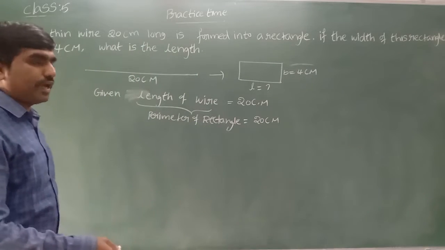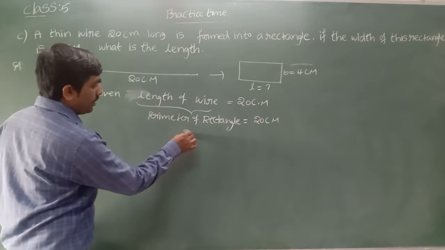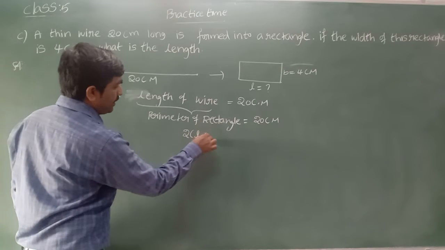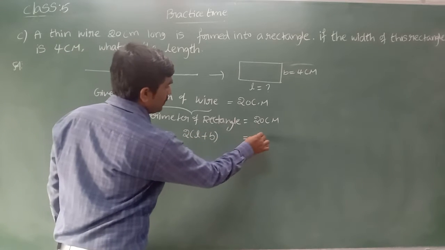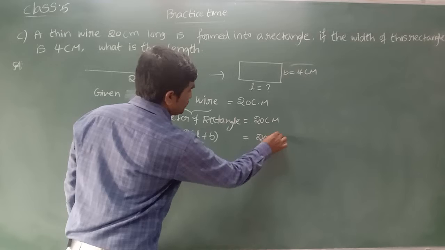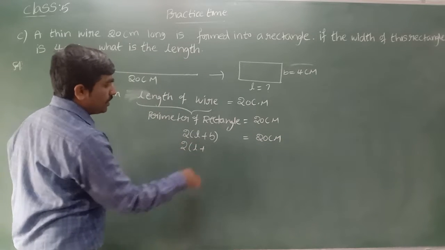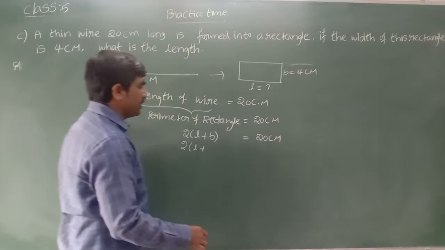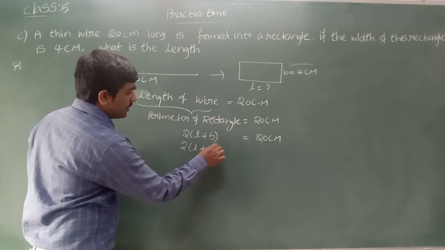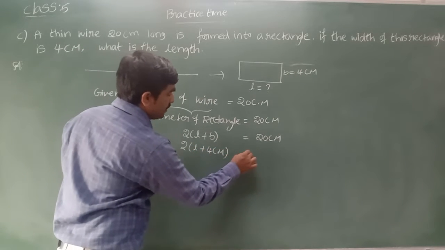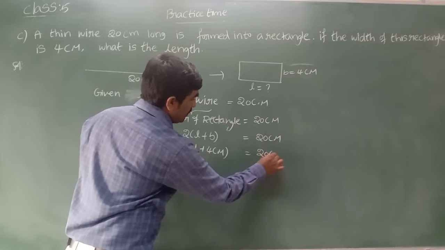What is the formula for the perimeter of a rectangle? 2 into (L plus B) is equal to 20 centimeters. We know the breadth is 4 centimeters, so substitute 4 centimeters in the place of breadth.